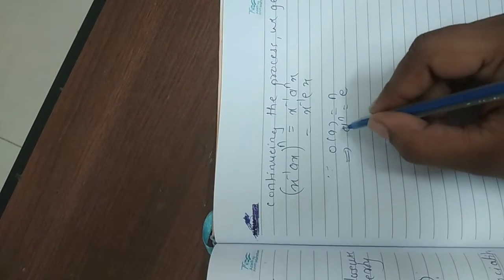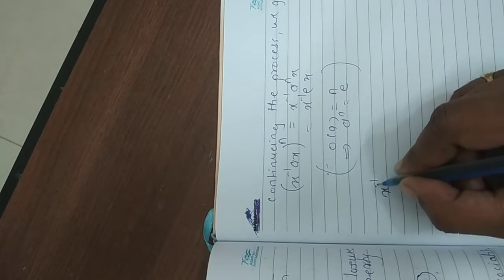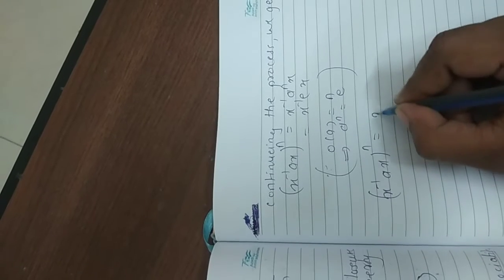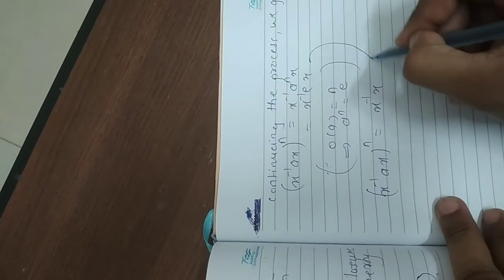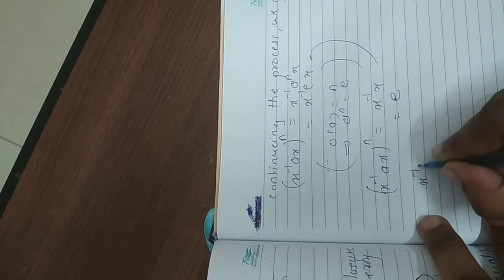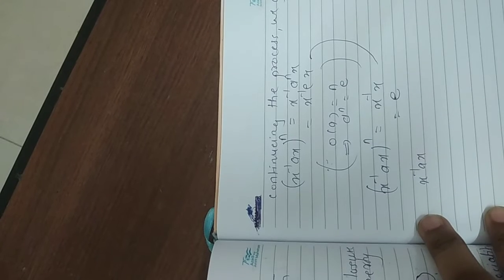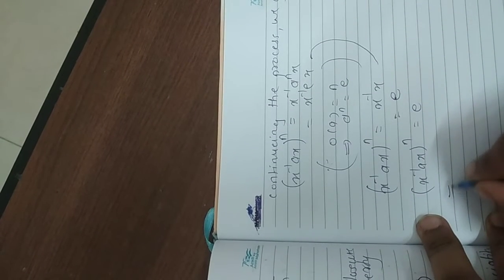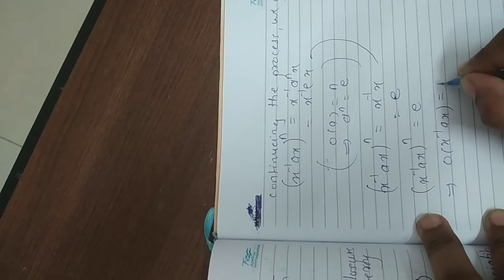So here (X inverse A X) to the power n is equal to X inverse X, and that is equal to identity. (X inverse A X) to the power n is equal to identity, which means the order of X inverse A X is equal to n.